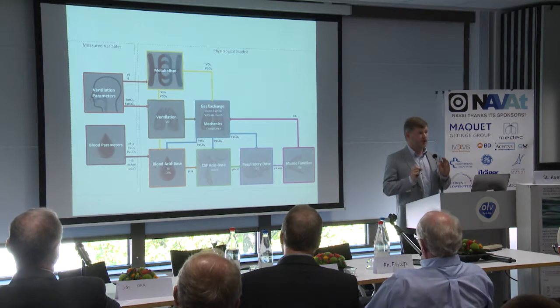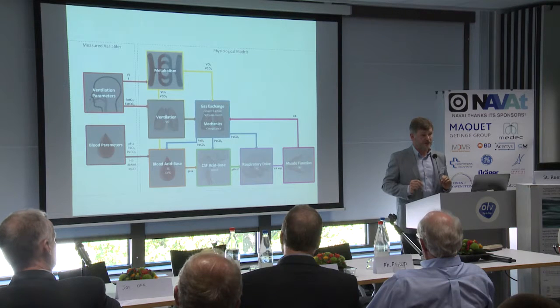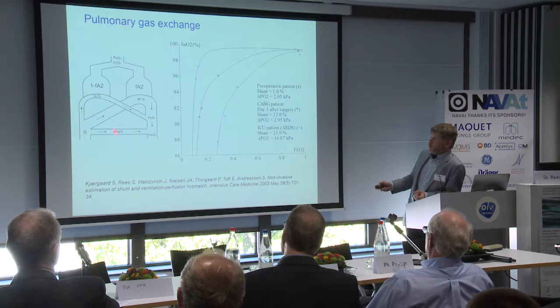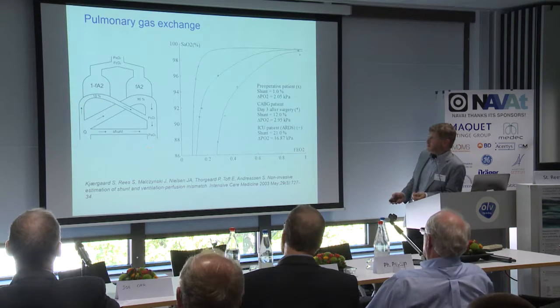The art is to take the complicated mathematical models of others and pare them down to something that can be useful at the bedside, where the measurements available are much less. So we started with pulmonary gas exchange some time ago, built a little 3-compartmental model where we allowed both the low VQ and high VQ to vary and had pulmonary shunt.